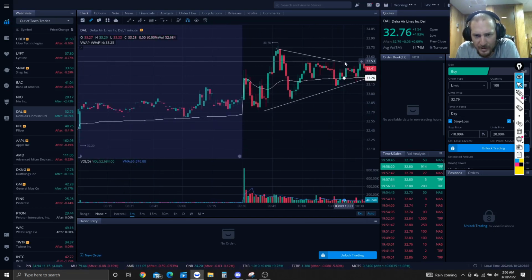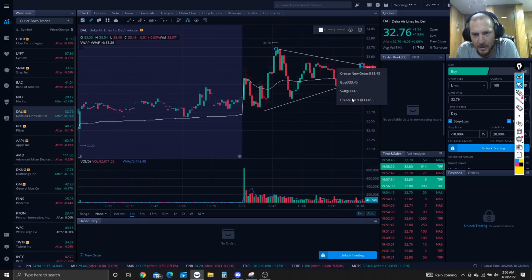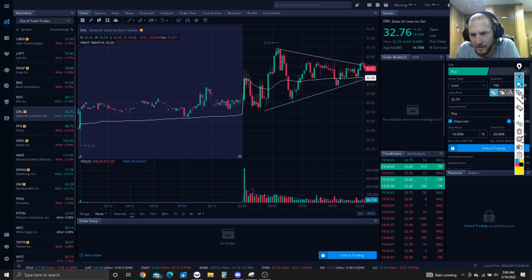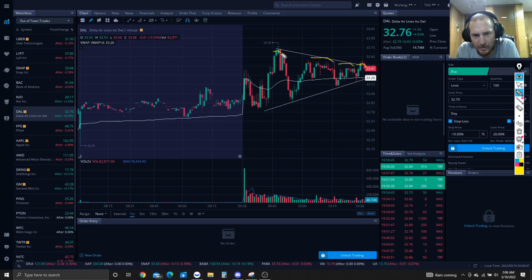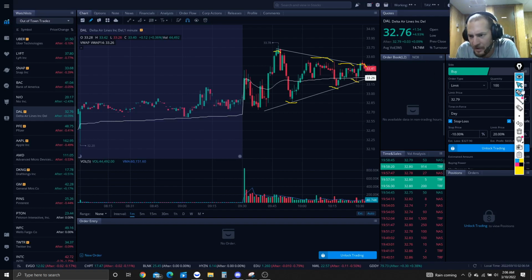So there's two ways to go about entering these trades. If you're short biased, you can enter ahead of time on the rejections from these locations here. If you're long biased, you can enter ahead of time on these. And if I happen to get in early enough, what I'll do is, if I had got long here, let's say at this point with a stop here, I would probably exit part of my trade here and then let the rest of it run, anticipating that this would break up.